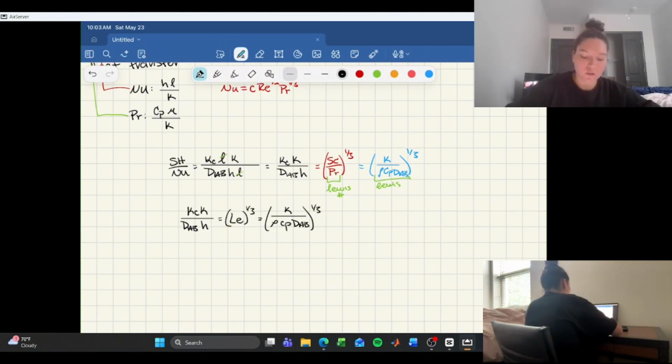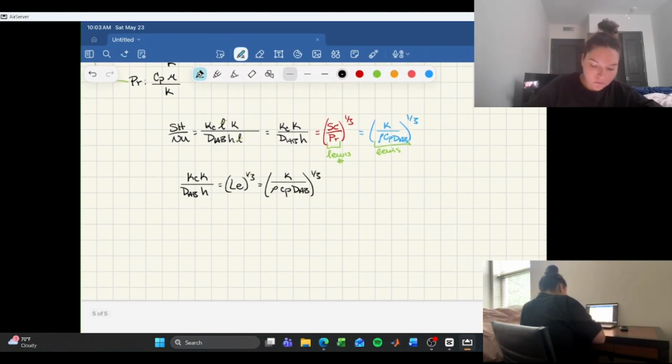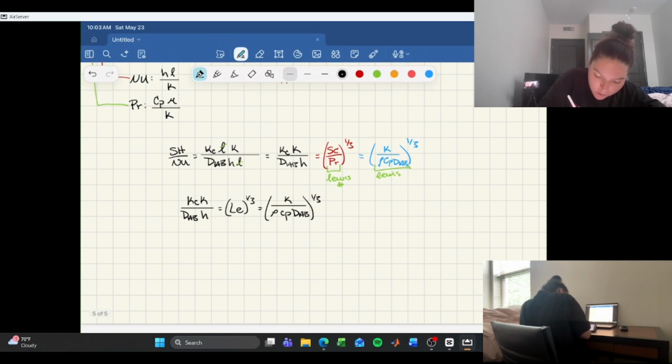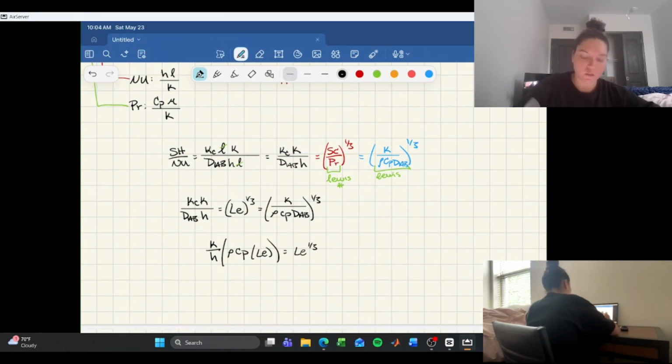Okay, so if we simplify this, we're left with the thermal conductivity over the heat transfer coefficient times the density times the heat capacity times the Lewis number, equal to the Lewis number to the 1/3. Or sorry, this was the mass transfer coefficient.